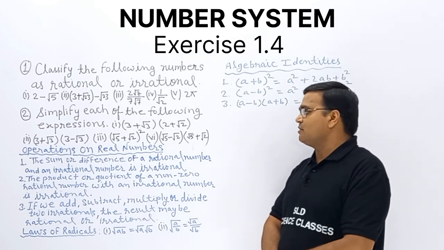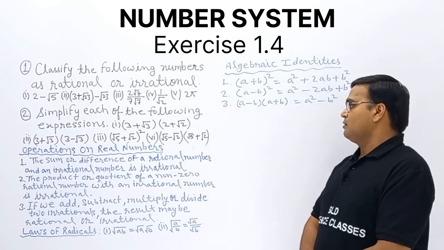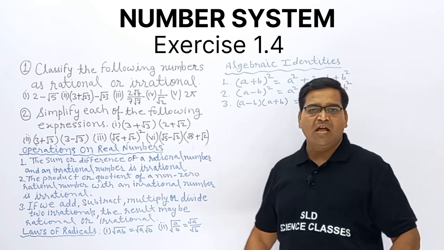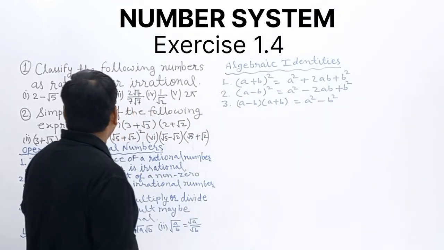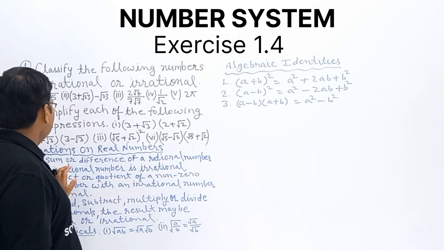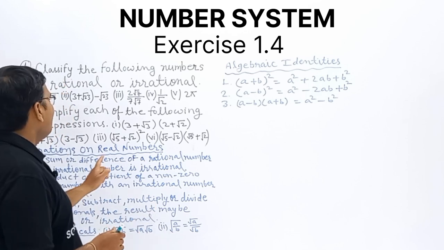Now the first operation: the sum or difference of a rational number and an irrational number is irrational. Observe: sum or difference of a rational number and an irrational number. I want to do sum and difference.